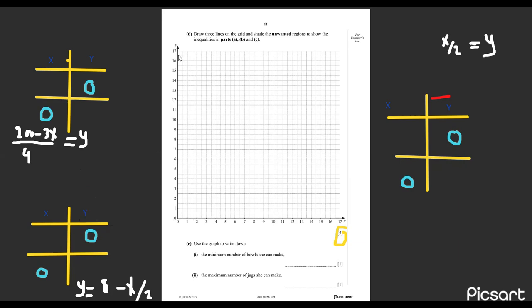Now if the first x is 0, we kick this, so it will be 200 divided by 4, which was equal to 50. So 50 divided by 4 was 12.5. So the y-intercept for the first equation, we have to mark it: 0 for the x-axis and 12.5 for the y-axis.